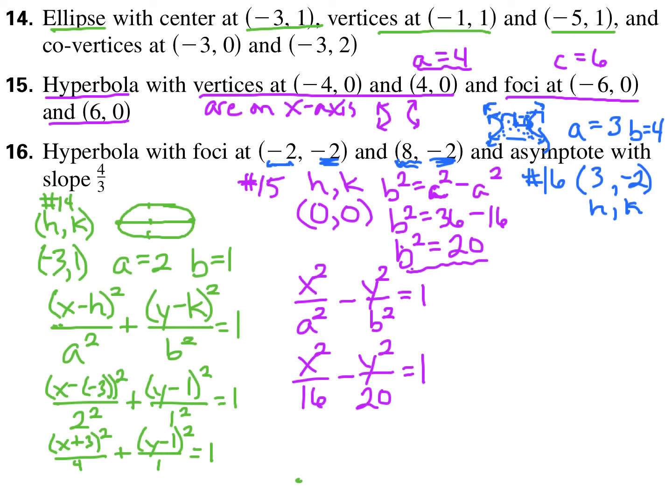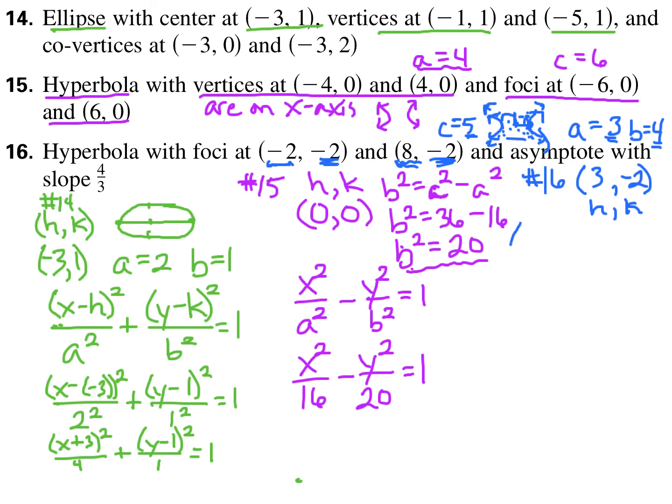So that means that c must have been 5. And if I do a really quick check, a squared is 9, b squared is 16, so 9 plus 16 is 25, and c squared would be 25. So a squared plus b squared does equal c squared, so I know I've got all of my units correct there.